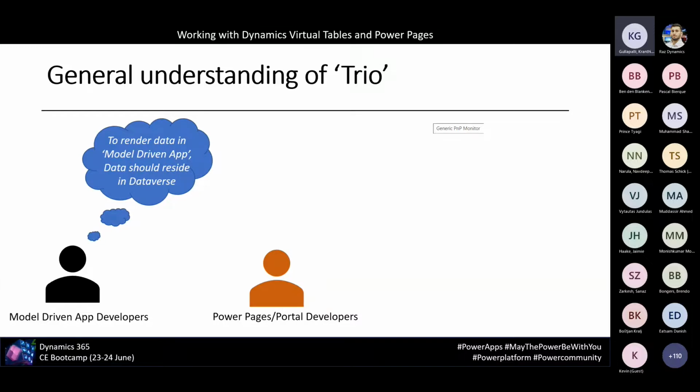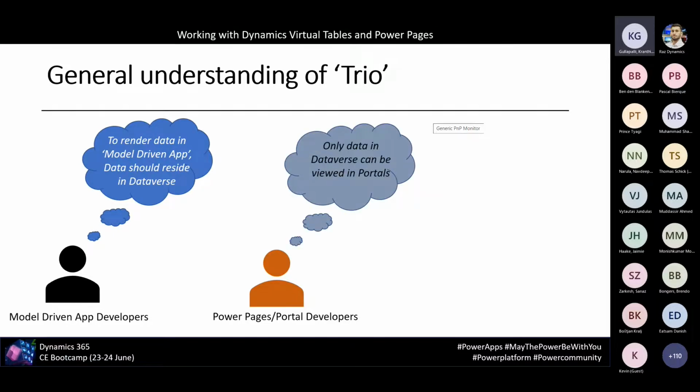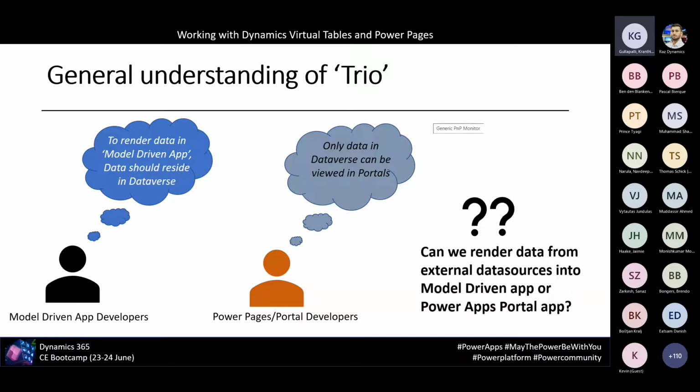Even the portal developers think along the same lines: only data in Dataverse can be viewed in portals. Most of the Power Apps developers have this understanding, like 100% with respect to portals and like 80% with respect to the model driven app.